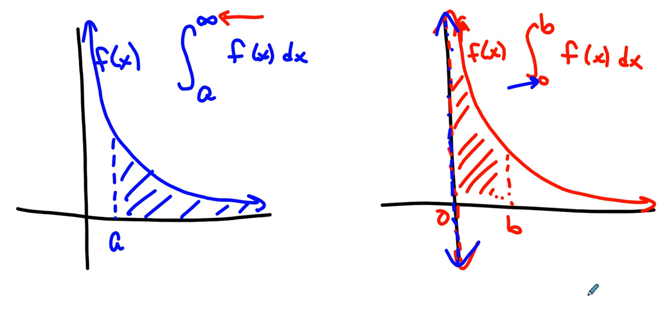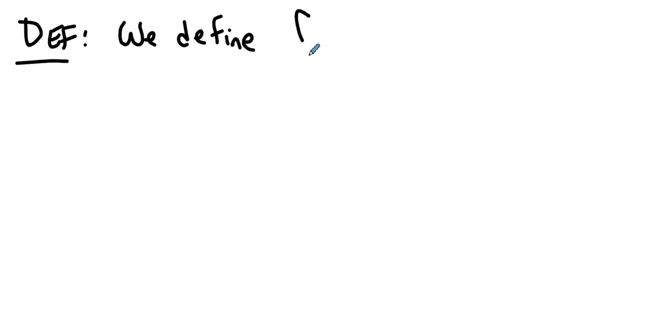So how do we handle this? In the first case, the integral from a to infinity of f of x dx, what do we do with that? How do we define that?